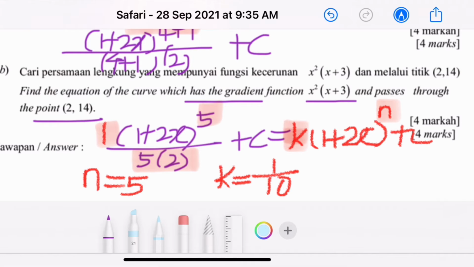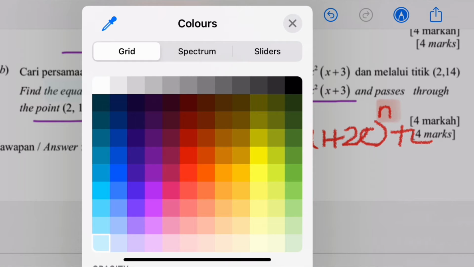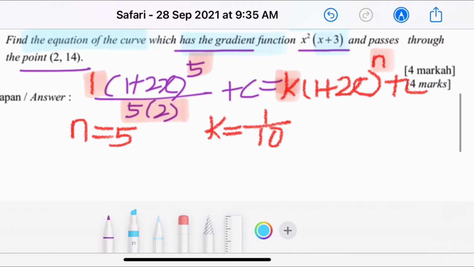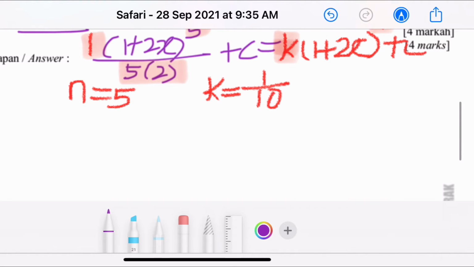Equation of the curve means that we are going to integrate from the dy/dx, right? So we are given the dy/dx. In fact, here is a dy/dx, and this is the equation of the curve. Gradient function means dy/dx. All right. When you see gradient function, why is gradient function dy/dx?